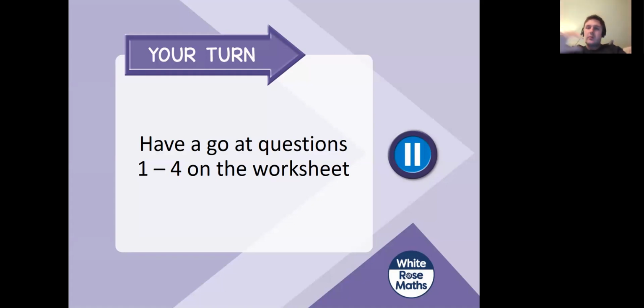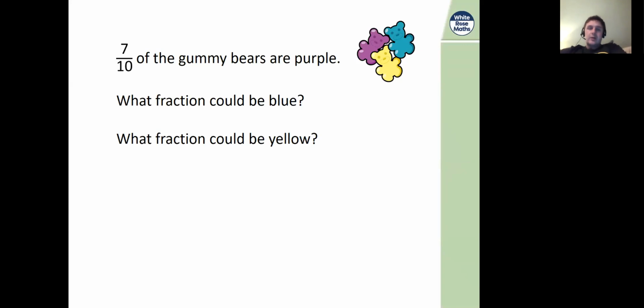Okay, we're doing really well with these, Year 4. Okay, and well done for trying so hard. I want you to imagine this problem. Now, 7/10 of the gummy bears are purple. We've got some purple gummy bears, blue gummy bears, and some yellow gummy bears. That picture up there is just helping you to imagine gummy bears.